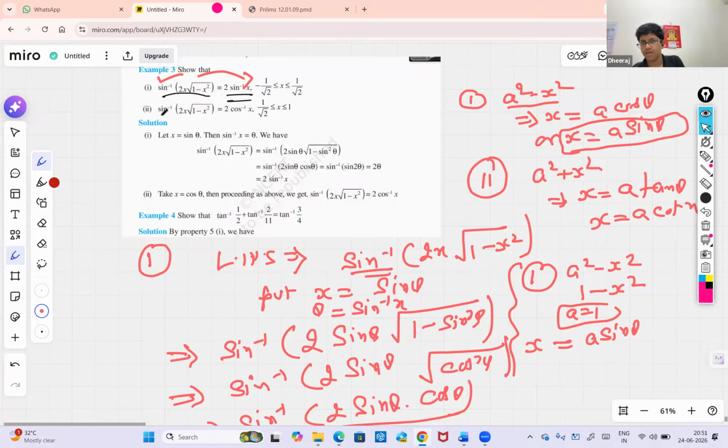If it is having sine inverse, because you had to prove sine inverse, then sin theta comes. But when a question is asking something of cos inverse x, then you will put x equal to cos theta and solve it. Let us do it.